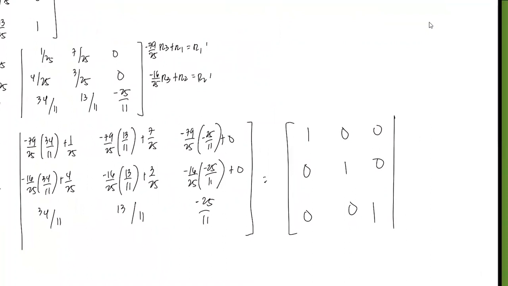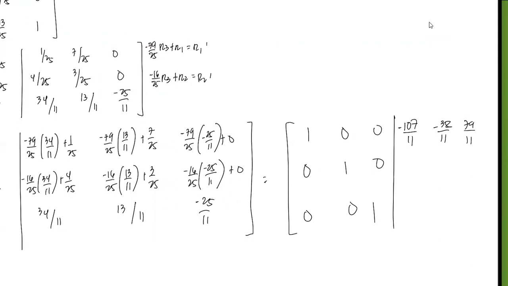Negative 79 over 25 times 34 over 11 plus 1 over 25. So, negative 107 over 11. Then negative 79 over 25 times 13 over 11 plus 7 over 25, negative 38 over 11. Negative 79 over 25 times negative 25 over 11, so 79 over 11. Negative 16 over 25 times 34 over 11 plus 4 over 25.